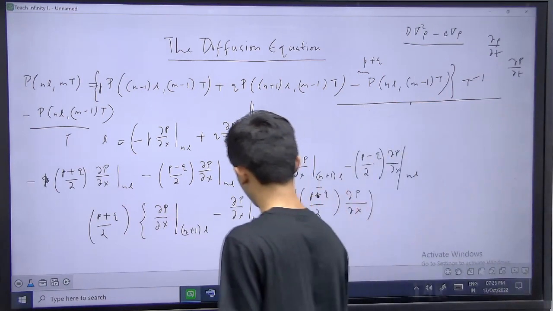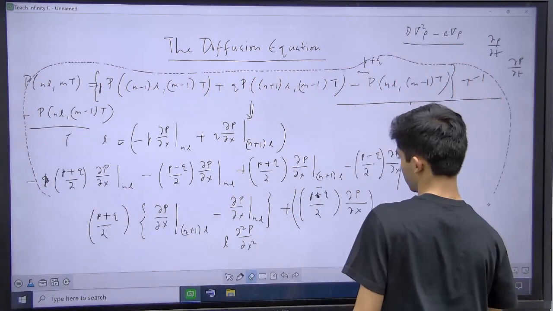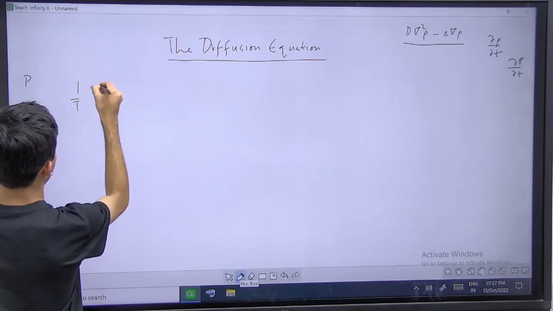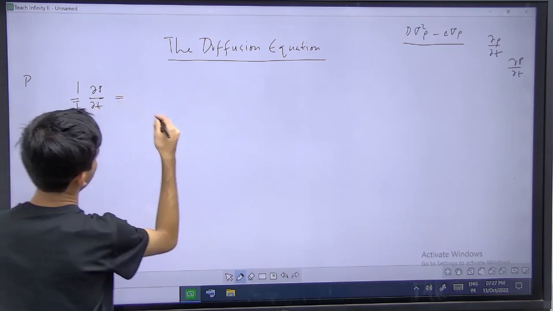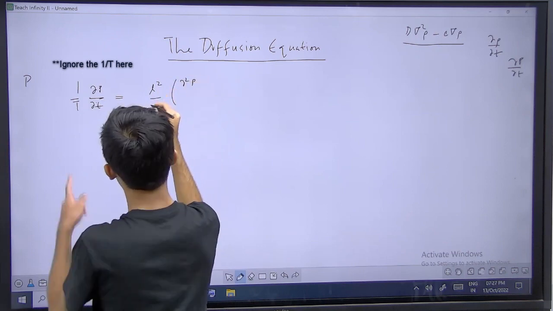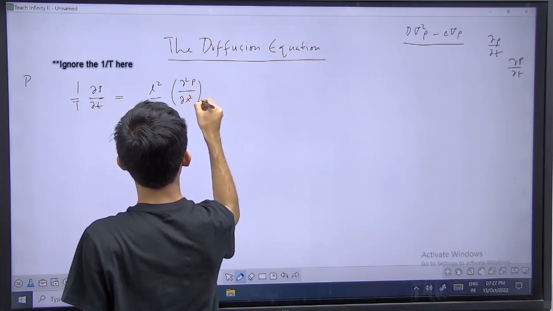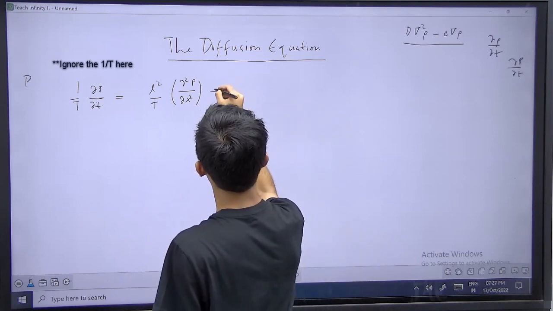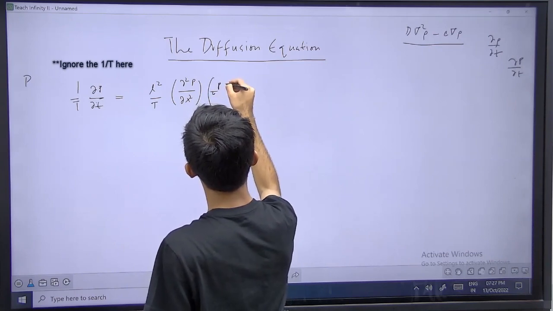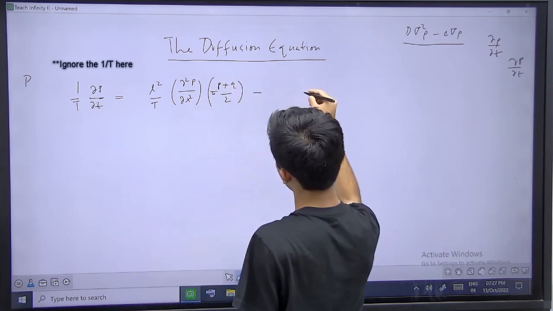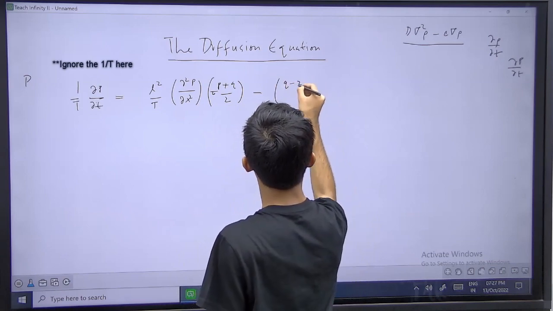So I will clear this and write it back. What we had last time was something like this: del P by del T was equal to L square times del square P by del X square, times (P plus Q)/2, minus (Q minus P)/2.